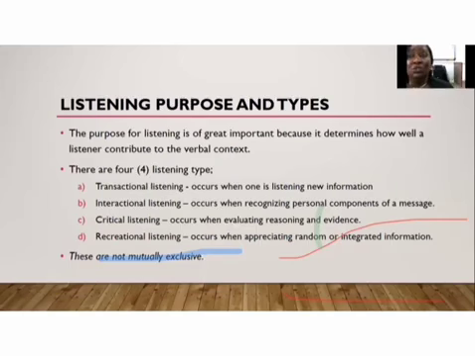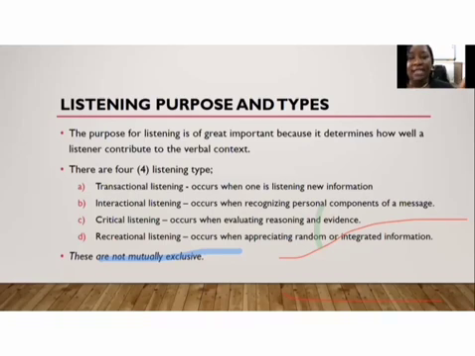When you know what your purpose is, especially those of you that are students in the classroom setting, you are there to learn and gain information. If you keep that purpose in mind, you will pay more attention to what the lecturer is saying so that you can pick up more information and knowledge of the topic.